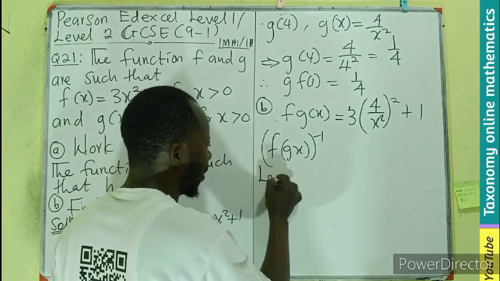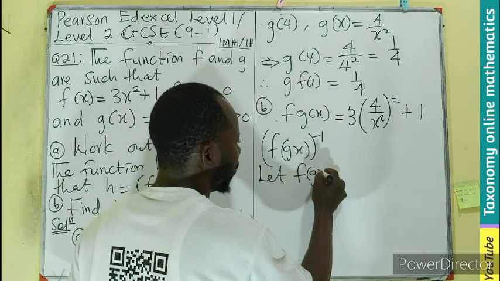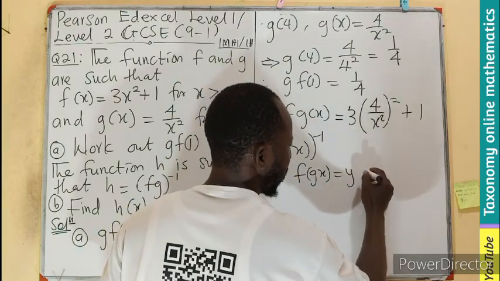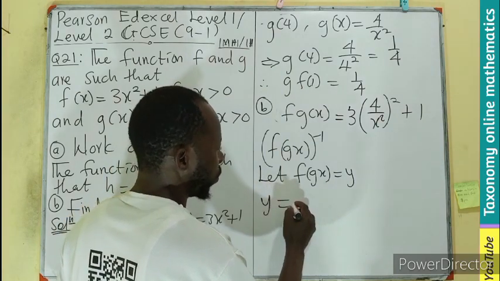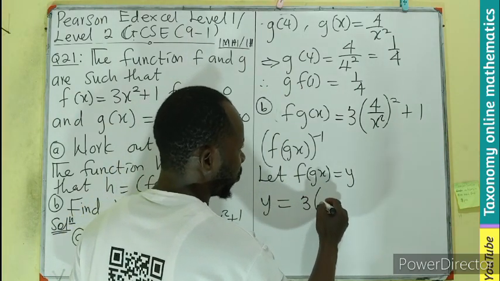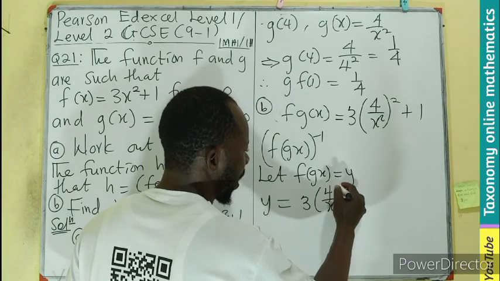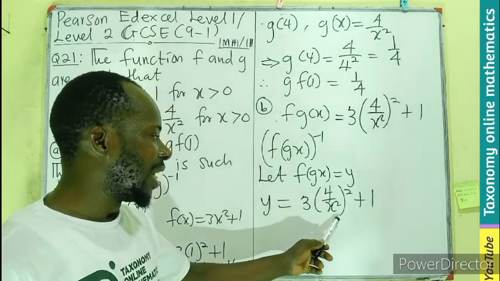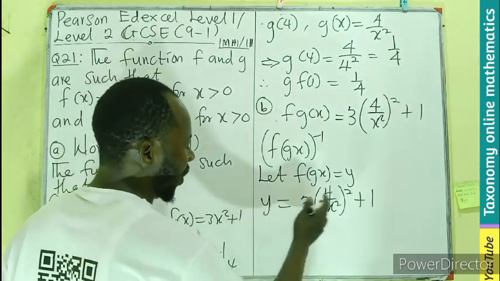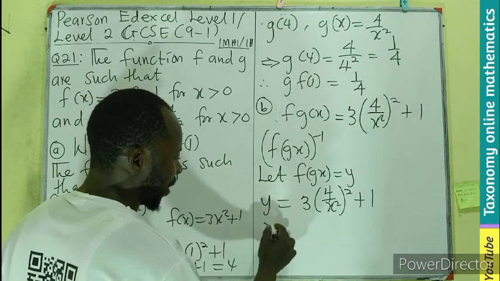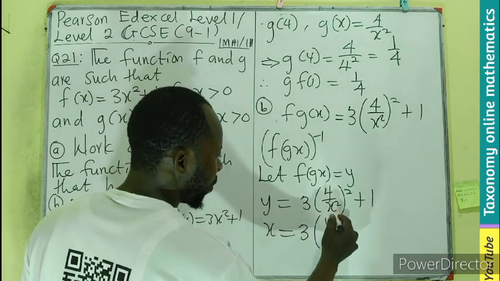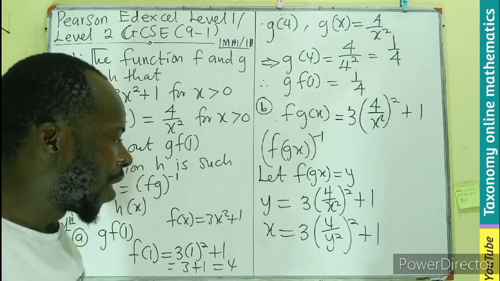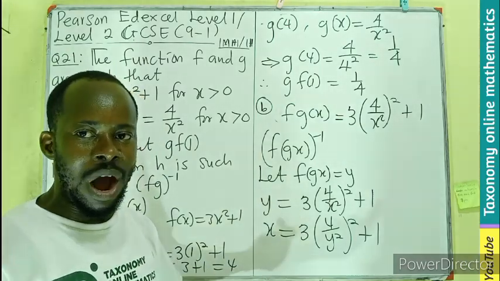So I'll be saying let f of g of x equal y, meaning y equals 3 into bracket 4 on x squared, all squared, plus 1. So what do? We interchange their position, right? So x will be equal to 3, 4 on y squared, all squared, plus 1. Now our attention is on how we can make y the subject.